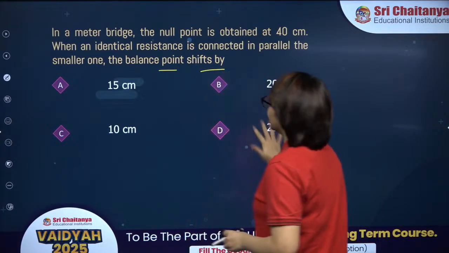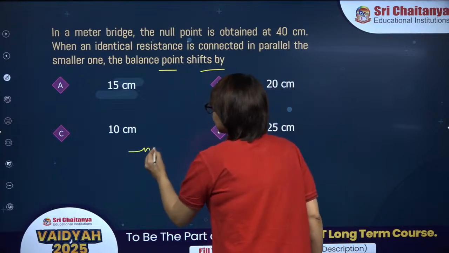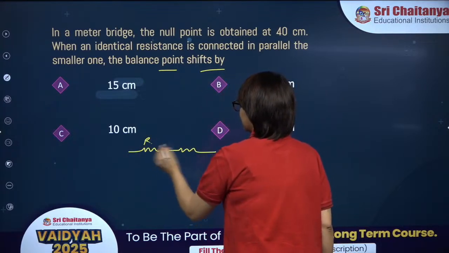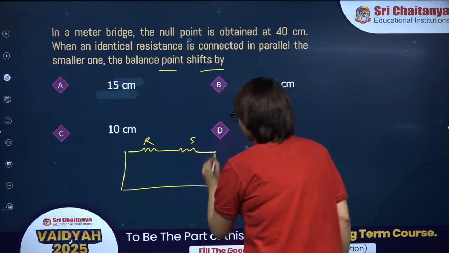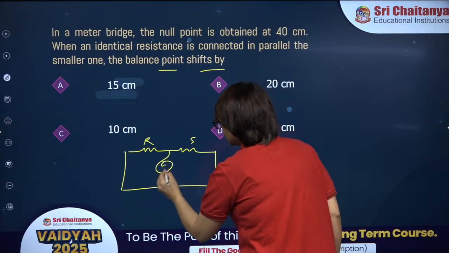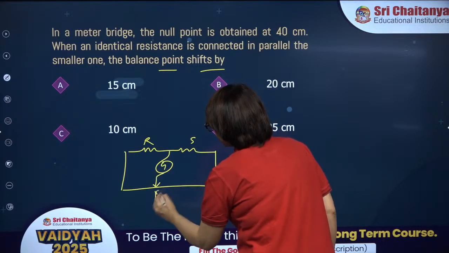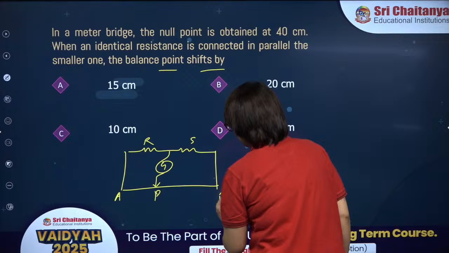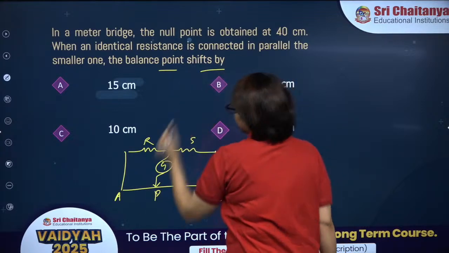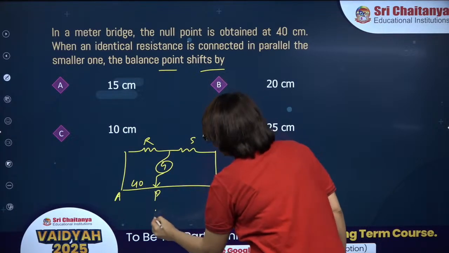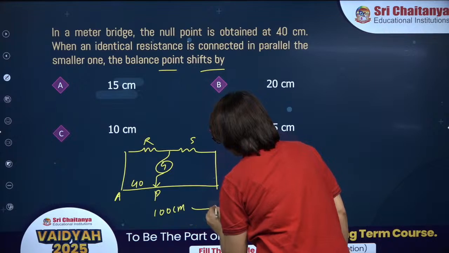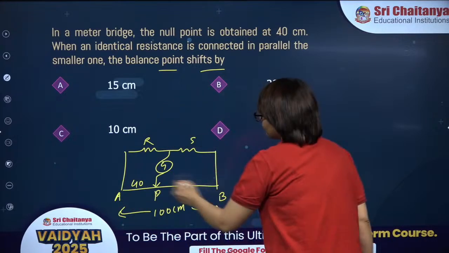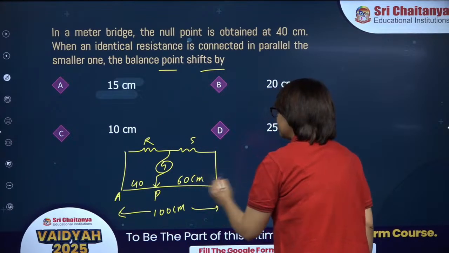So let's say this is R, this is S, and this is the meter bridge wire, and this is your initial balancing point P, this is A, B. So this is 40 centimeter, this complete length is 100 centimeter, AB wire, so PB will be 60 centimeter.